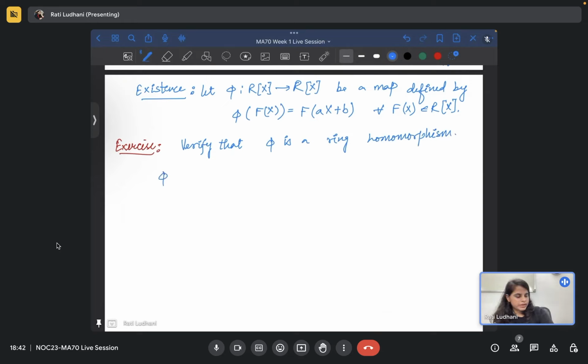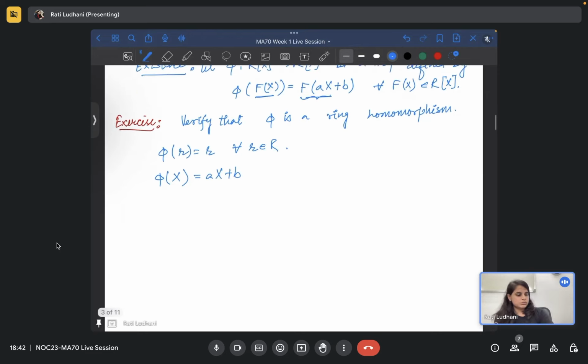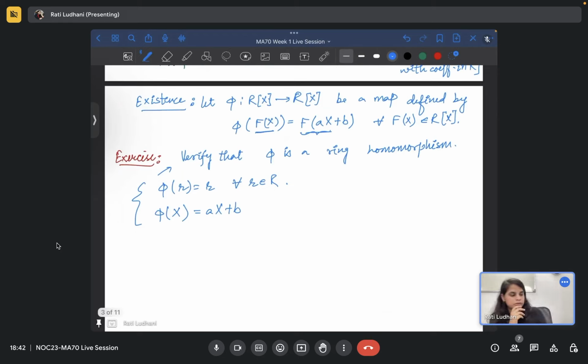You can see that phi of r is equal to r for all r belonging to the ring R, and phi of x: if you take f(x) to be x, then this will be ax plus b. So phi of x is equal to ax plus b. These two conditions are satisfied, and this is a ring homomorphism. You can easily check that.